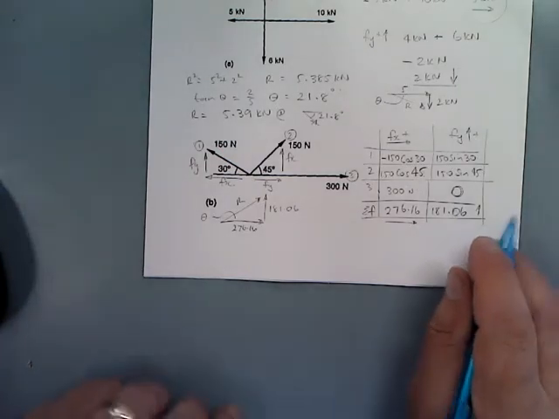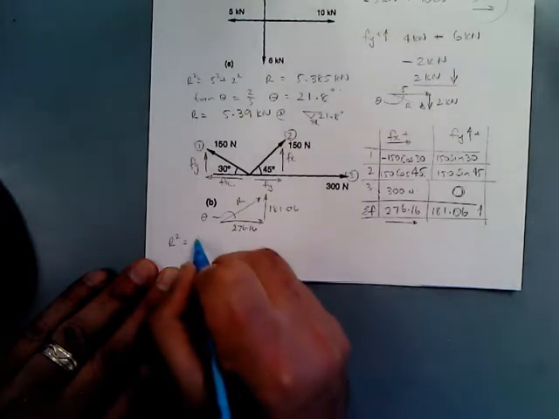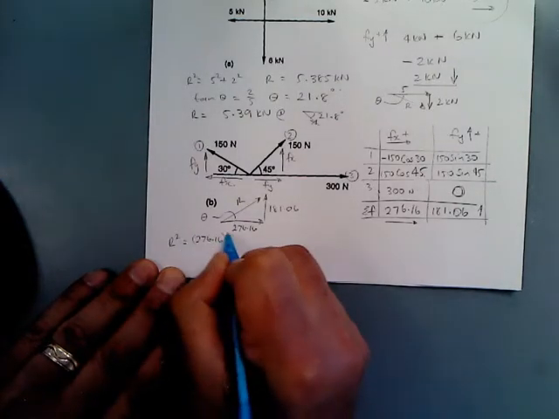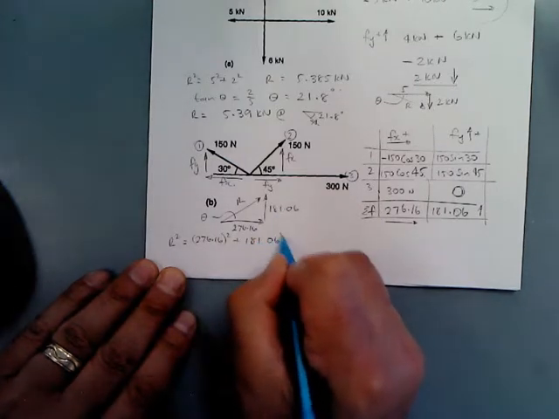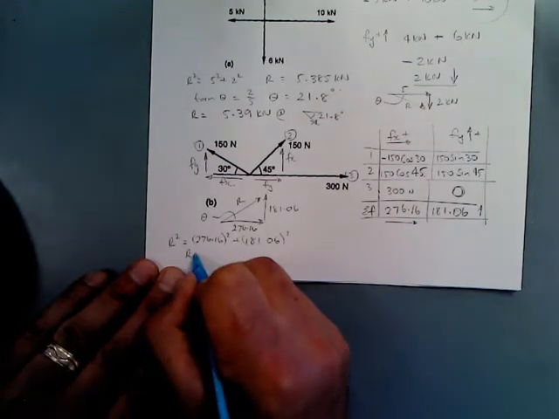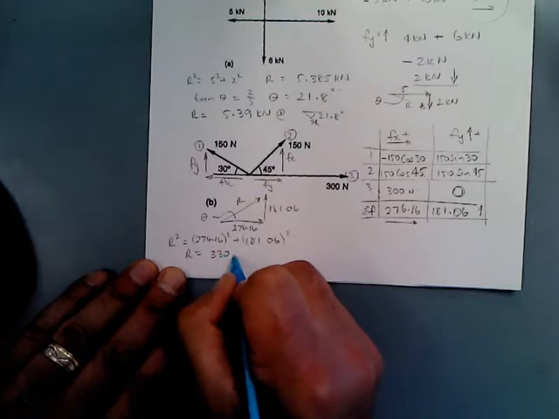Using Pythagoras' theorem, r squared equals 276.16 squared plus 181.06 squared. So the resultant equals 330.2 newtons.